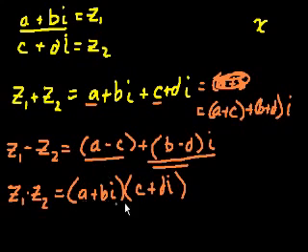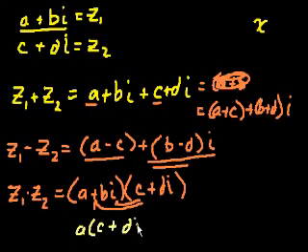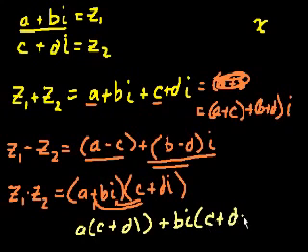So we can take the c plus di and distribute it on each of these terms. So this should be equal to a times c plus di, plus bi times c plus di. All I did is I took the c plus di and multiplied it by this to get this, and multiplied it by this to get this. And then we distribute again.